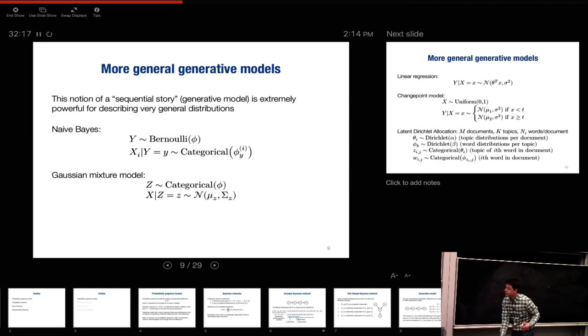So the naive Bayes model is a distribution over pairs of variables x and y, where x_i is categorical.